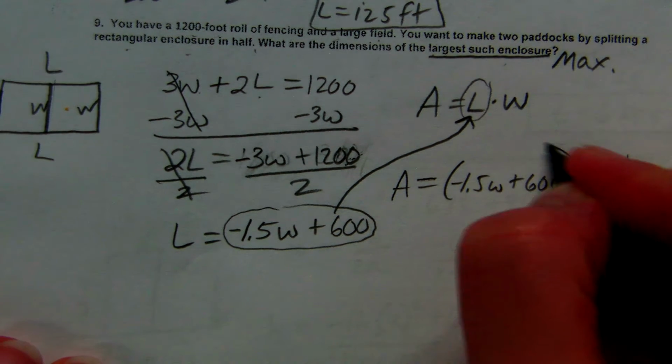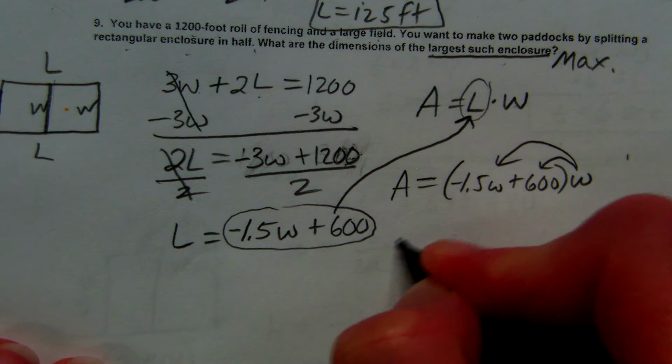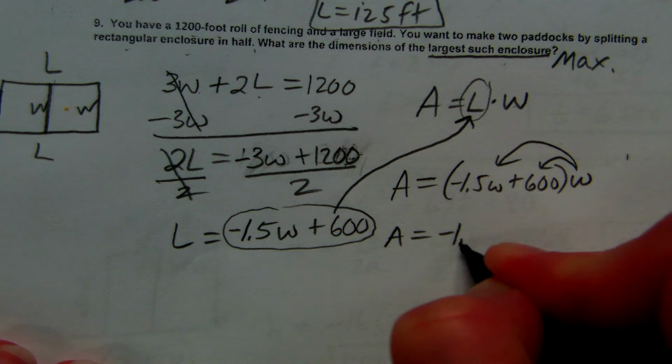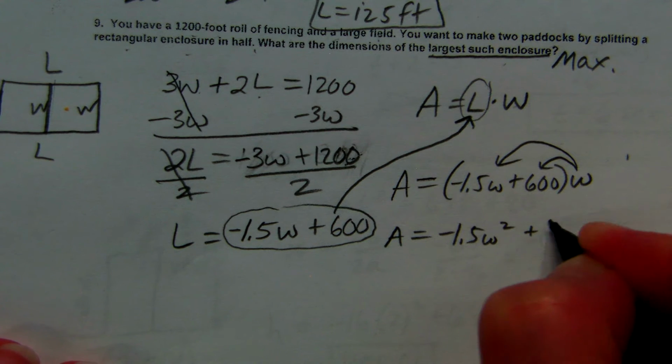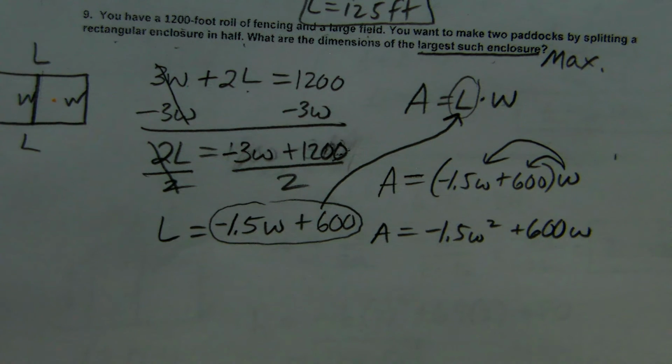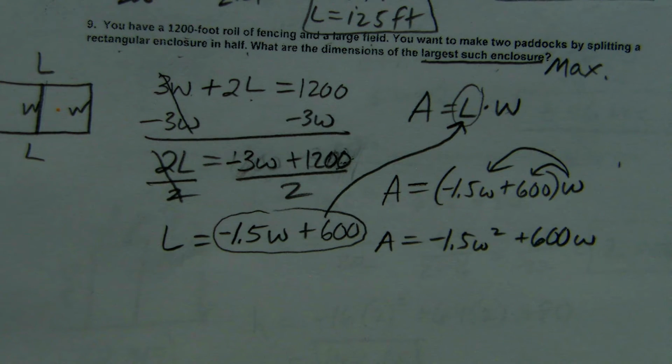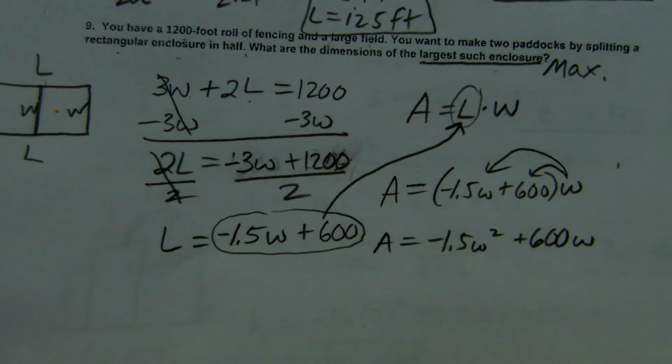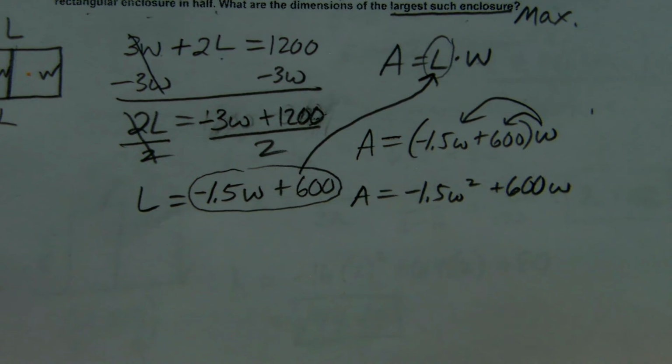Yep, and we can simplify this a little bit by distributing that out. So then the area is negative 1.5 W squared plus 600 W. It just adds another W onto both of those. And so when we're looking for that maximum again, we're looking for that vertex.